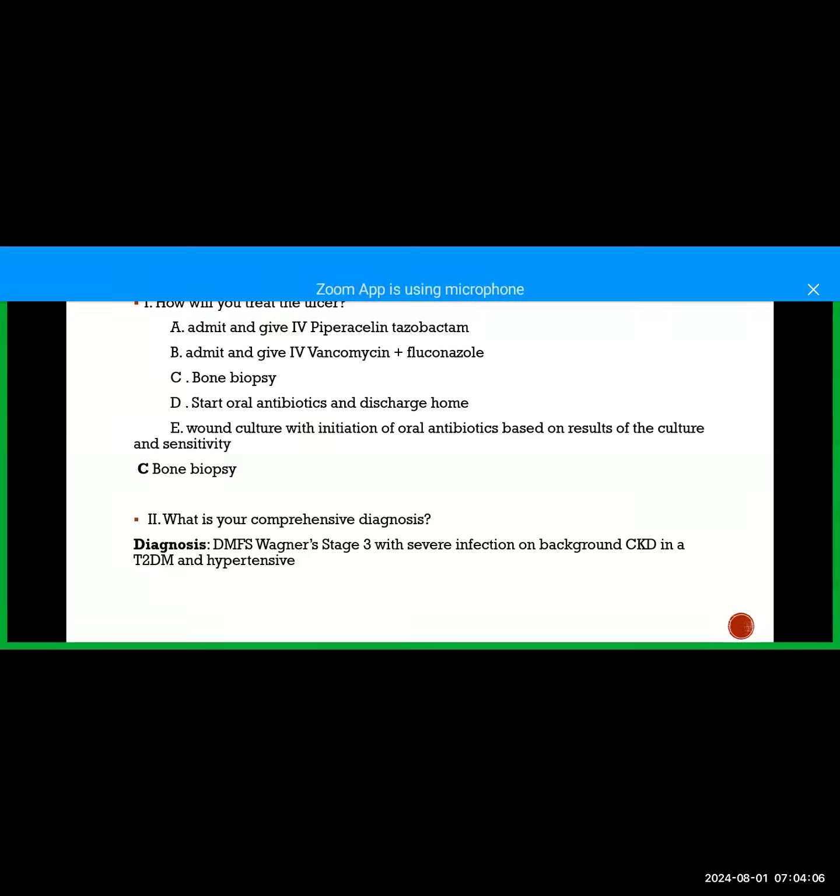I chose severe infection because the patient has fever already, so systemic involvement and systemic toxemia are present. There are several stages of infection: mild, moderate, and severe. For a patient to have systemic involvement, that means severe infection, so that's why I went for severe infection.